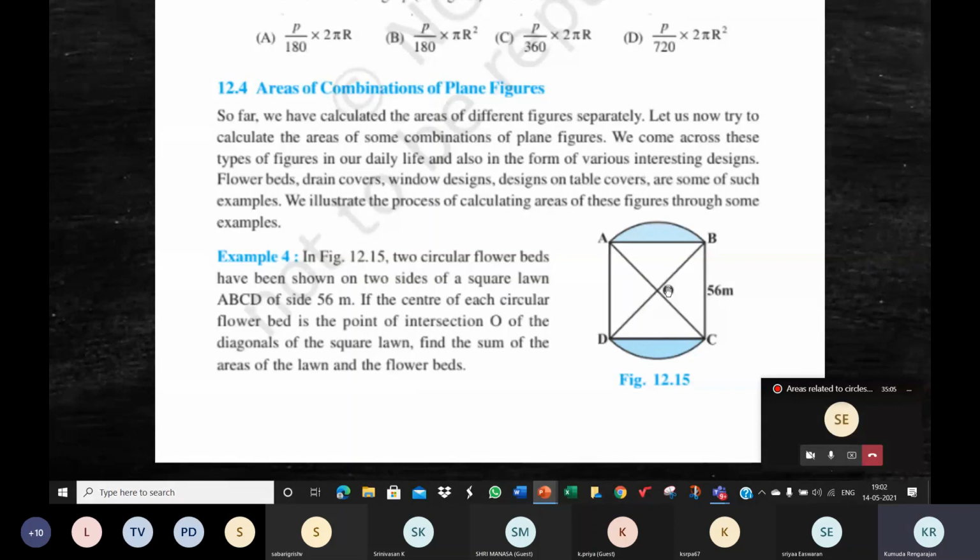So we understood that we have to find the radius of the circle. And we know that in a square, the diagonals bisect each other at right angles. Diagonals bisect each other, meaning they cut each other equally.